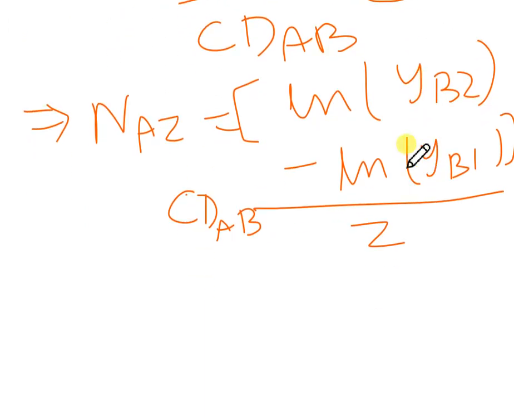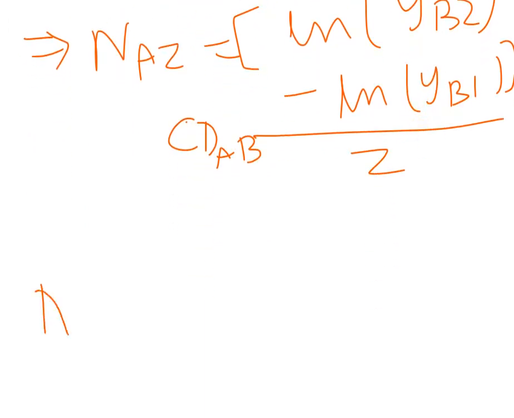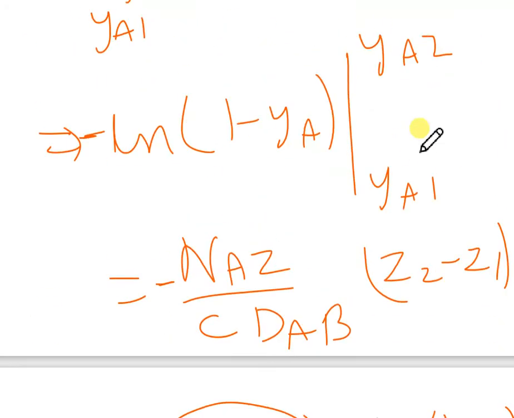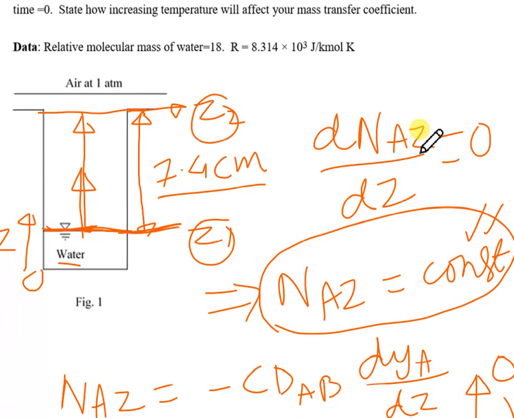So this is the equation we got: NAZ equals C DAB over Z, where Z is the diffusion path from the top. Again, please be careful, this is capital Z.